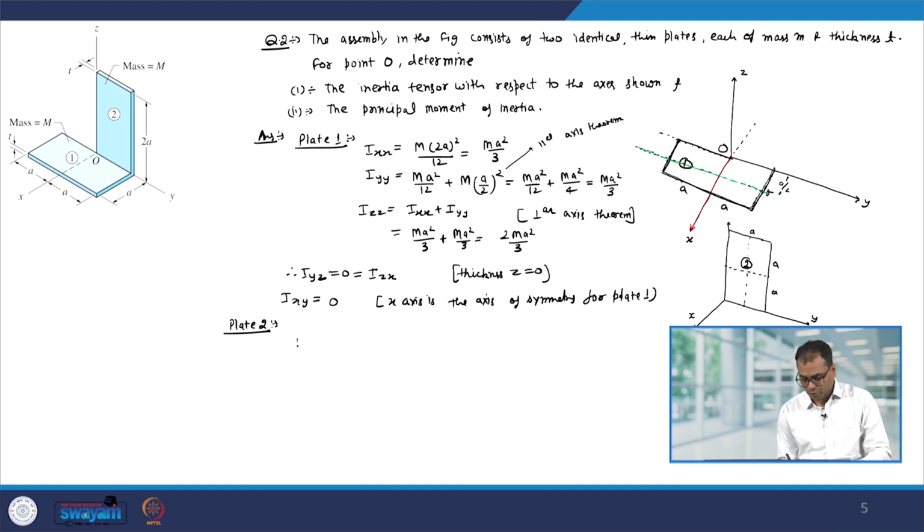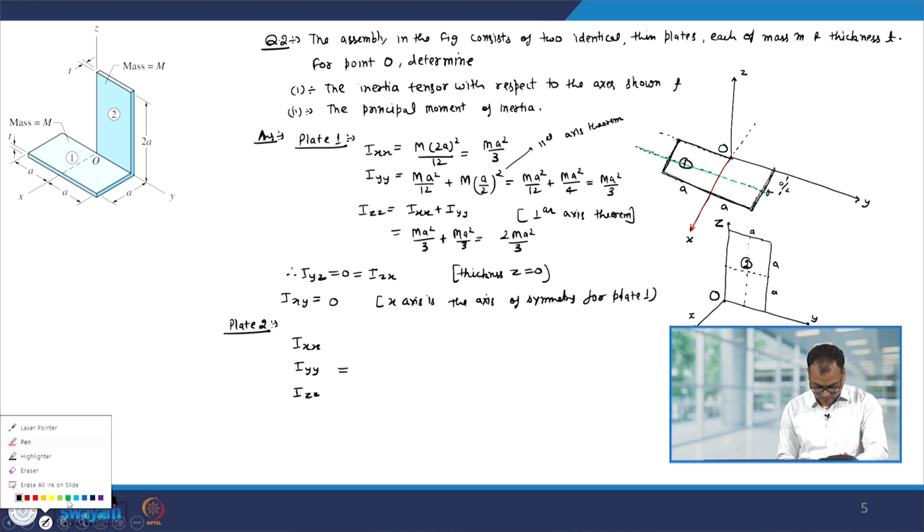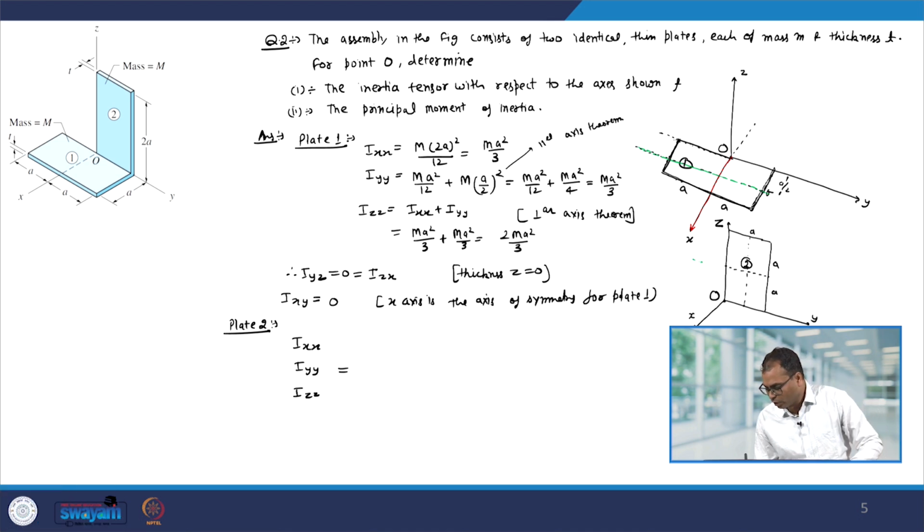For plate 2 also we have to find out its moment of inertia about the x axis, y axis and the z axis. Note that this plate 2 lies in the yz plane. Therefore, moment of inertia about the x axis I can find out using the perpendicular axis theorem, and for that I should know what is I_yy and I_zz. So, let us first calculate I_yy, the moment of inertia about the y axis, and for this I can use the parallel axis theorem.